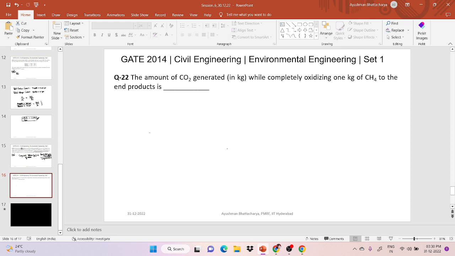In this question, first we know that if CH4 gets completely oxidized, it reacts as CH4 plus O2 and produces CO2 plus H2O. If you balance it, it will be CH4 plus 2O2 gives CO2 plus 2H2O.